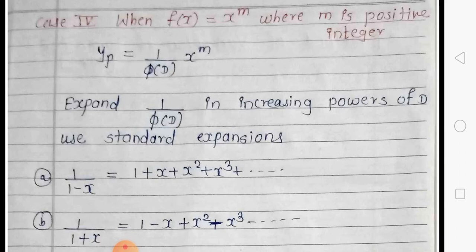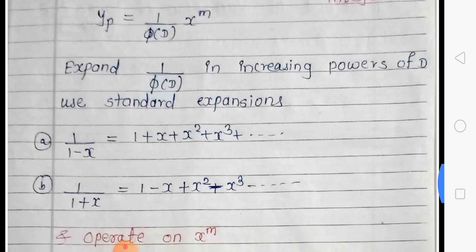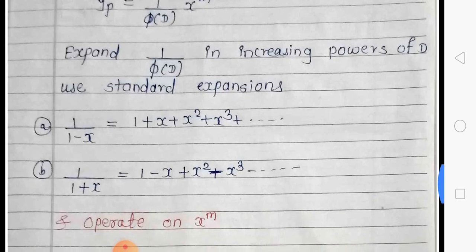For this we use the standard expansion of 1 upon 1 minus x or 1 upon 1 plus x. For this, always we write the denominator in the form of 1 plus function of d. If in phi of d there is a constant term, we take the constant term outside and write the function in the form of 1 minus x or 1 plus x.